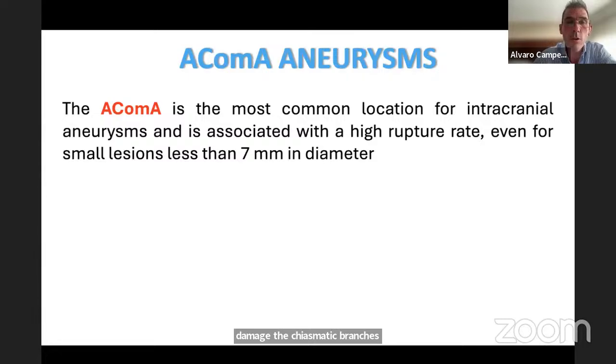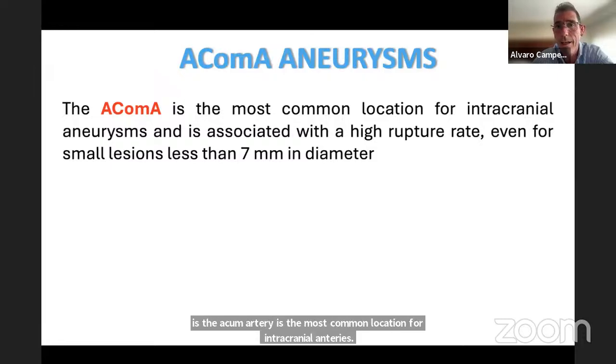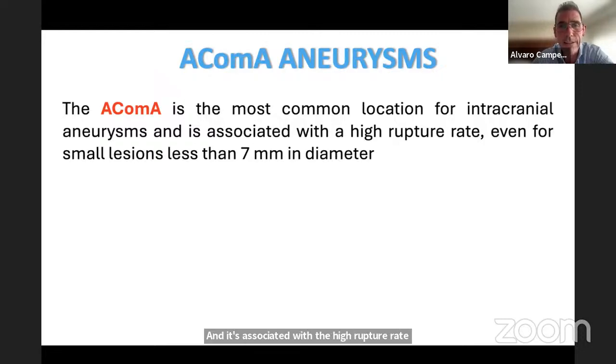What about the anatomy of the ACom aneurysm? First, and it is very important, the ACom artery is the most common location for intracranial aneurysm and is associated with a high rupture rate, even for a small lesion less than 7 millimeters in diameter.